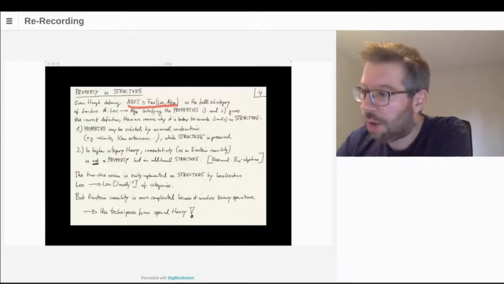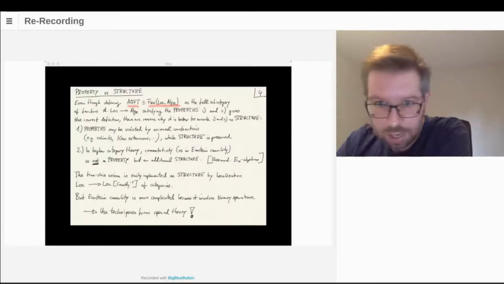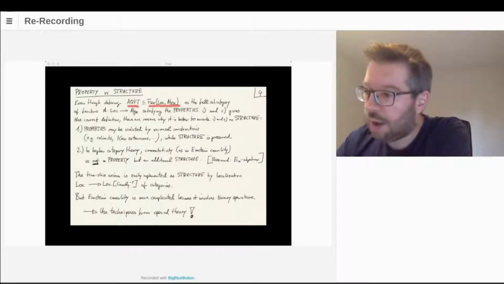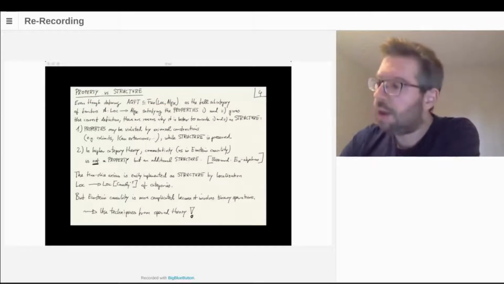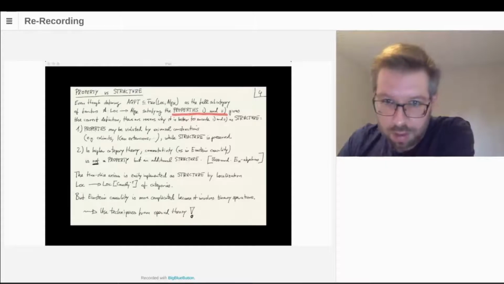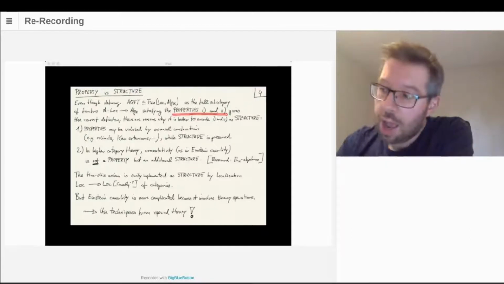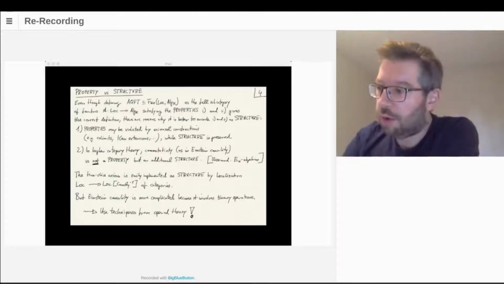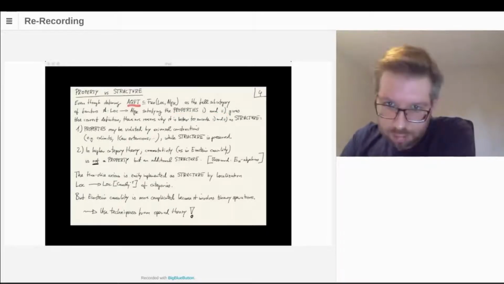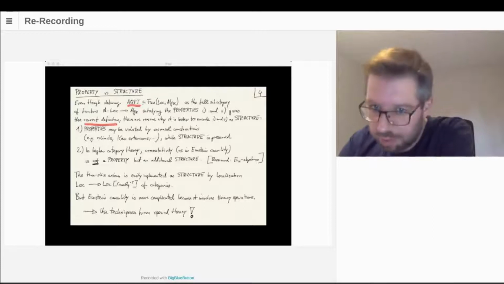So the category of AQFTs is a full subcategory of the category of functors from Loc to Alg. And these functors are selected when they satisfy the properties 1 and 2, Einstein causality and the time slice axiom. And this definition of the category of AQFTs, of course, gives the correct definition. There's no doubt that this is a good definition.